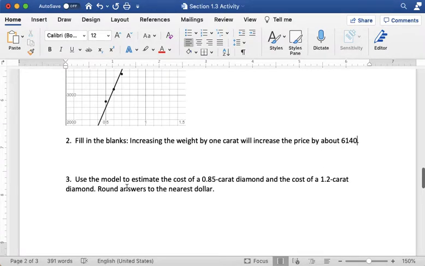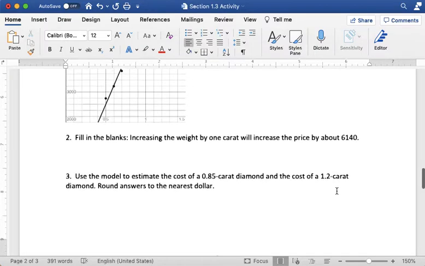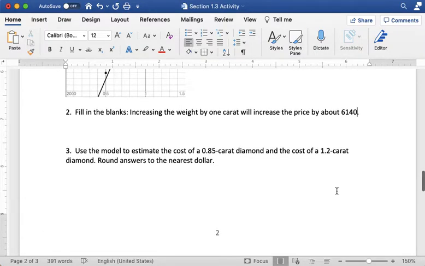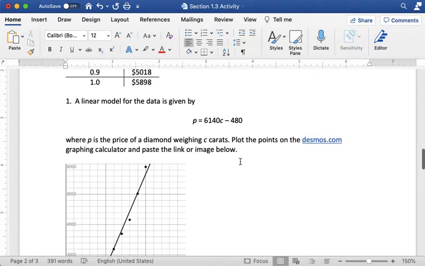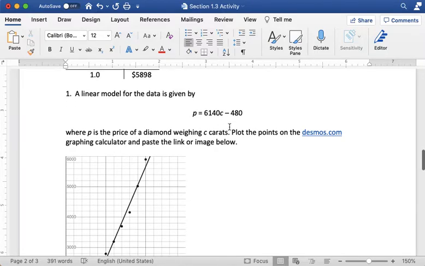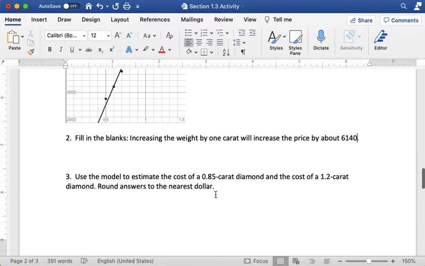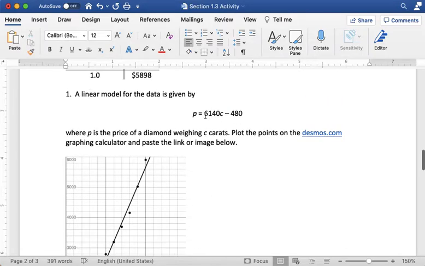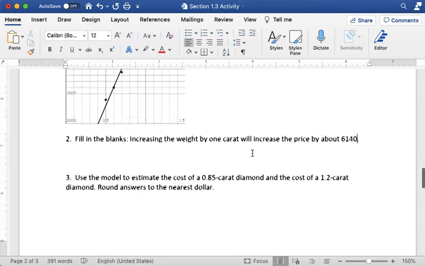Question 3 says use the model to estimate the cost of a 0.85 carat diamond and the cost of a 1.2 carat diamond. Round answers to the nearest dollar. So I'm using my equation here, P equals 6,140 C minus 480. And then C is carats. So the C values, I'm plugging those in for carats, and then I'm doing the calculation to find the price.